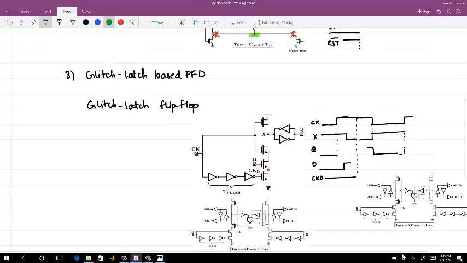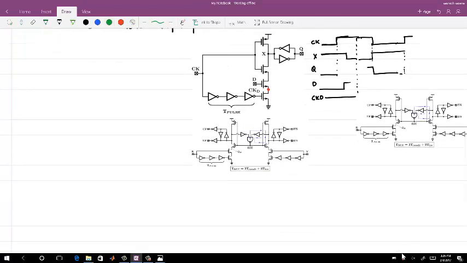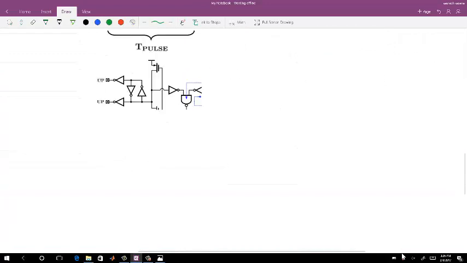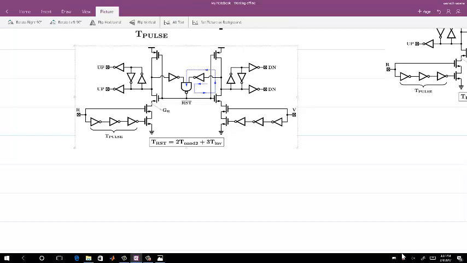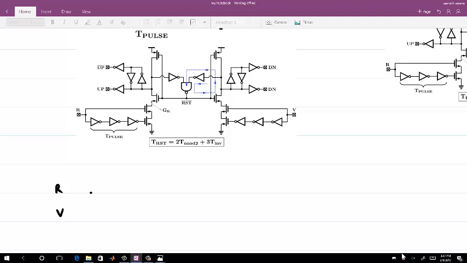So what I am saying is R is low and V is low.